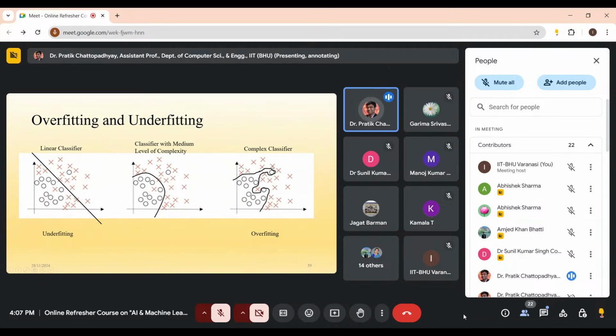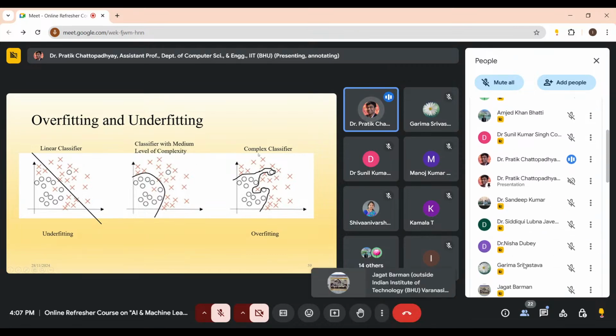All the crosses are on one side of the line, all the circles are on the other side. But this model is not good because we can clearly see that this circle is a noisy point. Visually we can see it falls in between all the crosses. But if we make a very complex model, it learns noise as well.